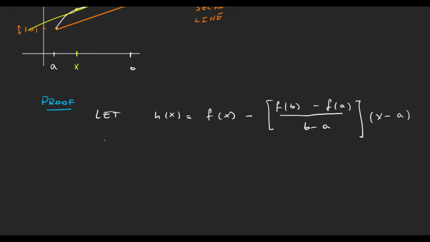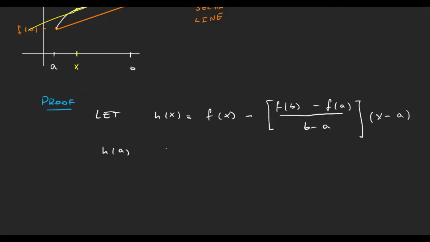Now this h of x satisfies the following. Well, first of all, it is continuous on the interval, and it is differentiable also in the interval, because it's just f of x, which had those characteristics, minus some constant multiplied by x minus a.